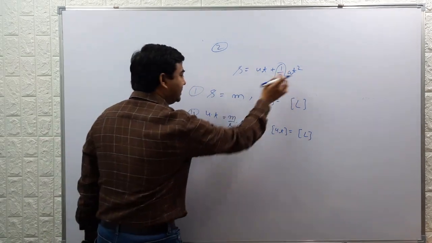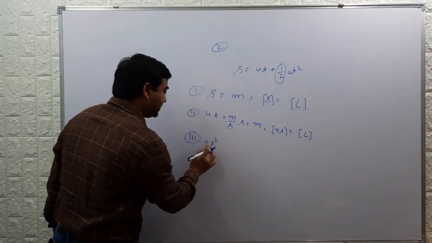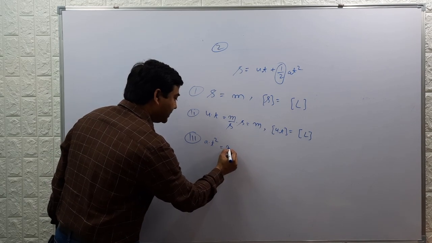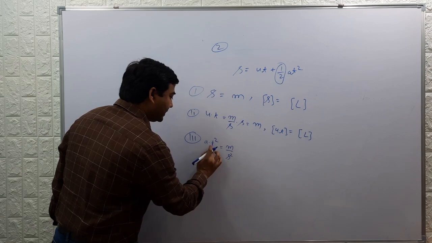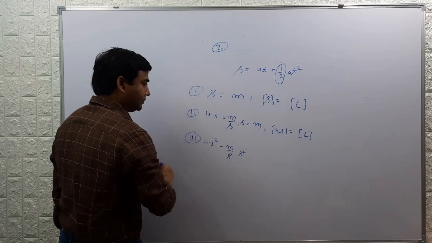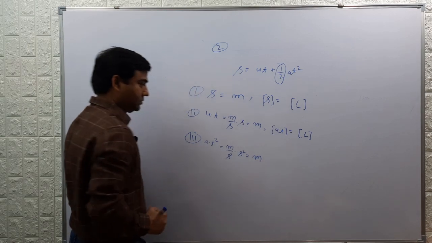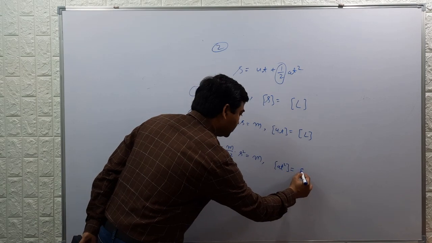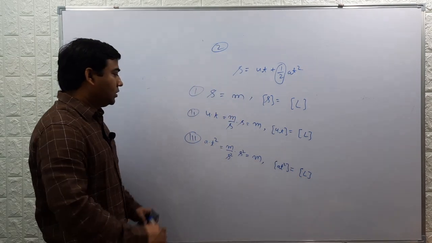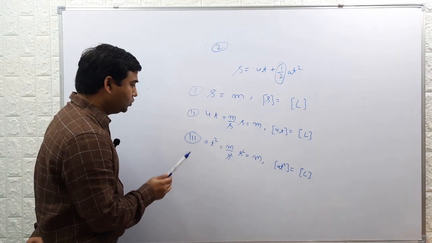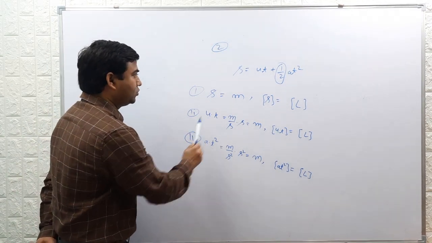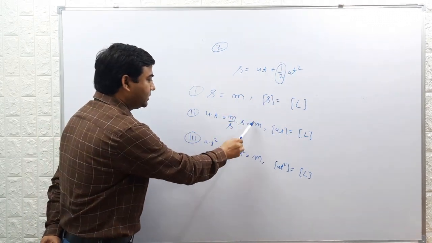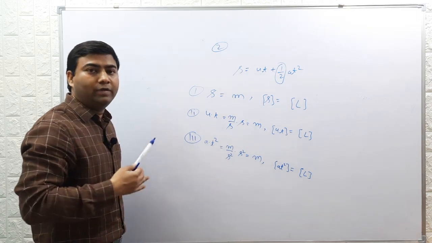Third term, that is at square, acceleration into time square. The unit of this will be: acceleration is meter per second square, time is second square, so this unit is also meter, and the dimensional formula of at square is also L. So here you can see the units of S, ut and at square are the same, that is meter, or unit of length.